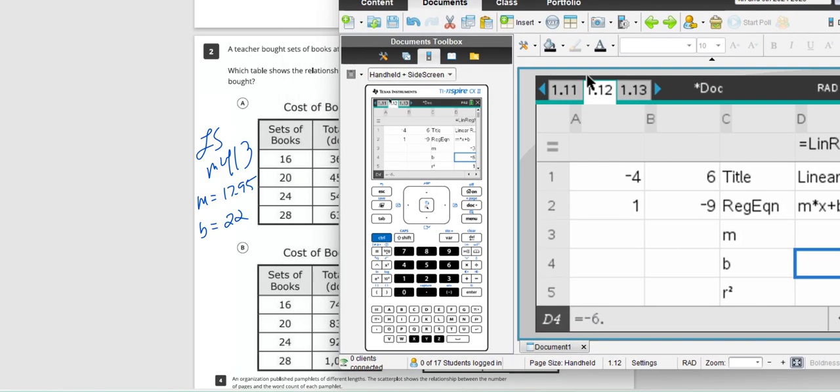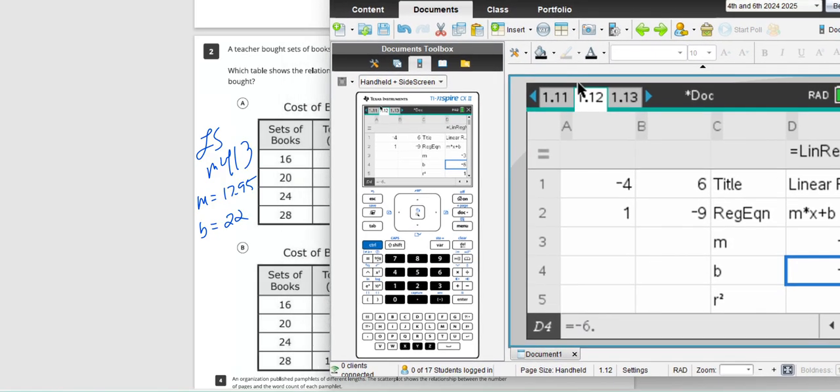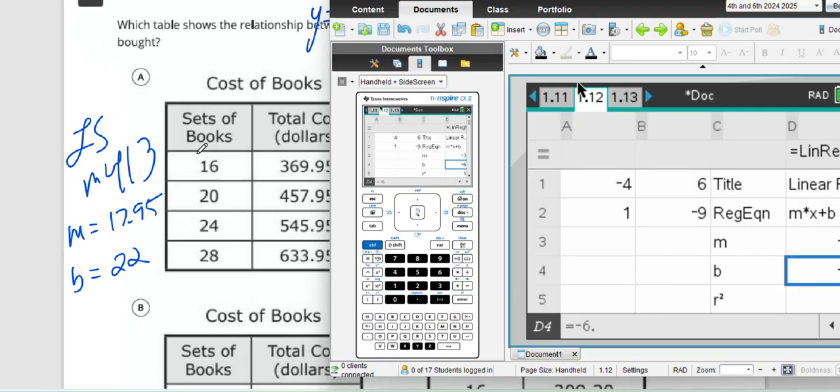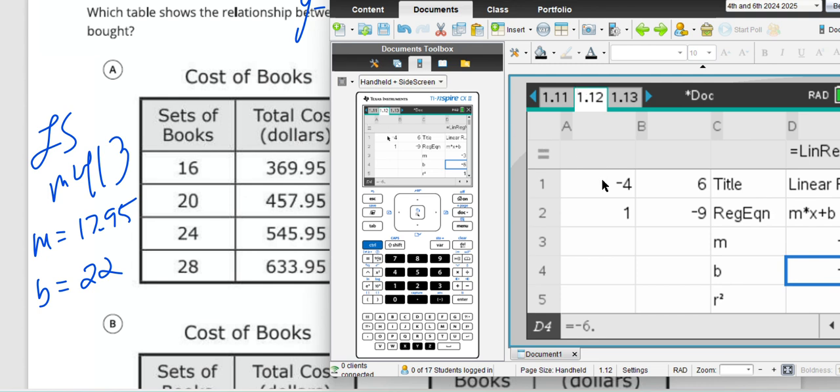So what I'm going to do is just move this to the side. Let me zoom in and allow me to move to the side. Okay, there I can see some numbers.